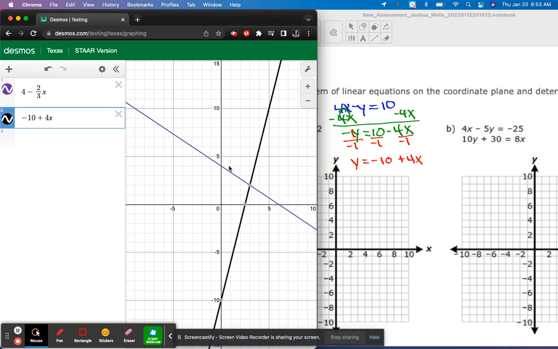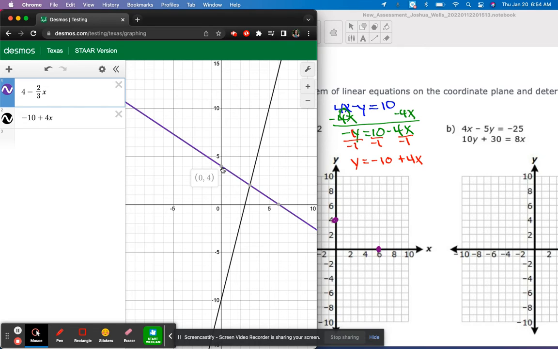So let's look at the y-intercept. So the purple line, I'll mimic the colors too. Purple line we have at 0, 4. X-intercept we can see is at 6, 0. And we're going to go ahead and graph the intersection point.